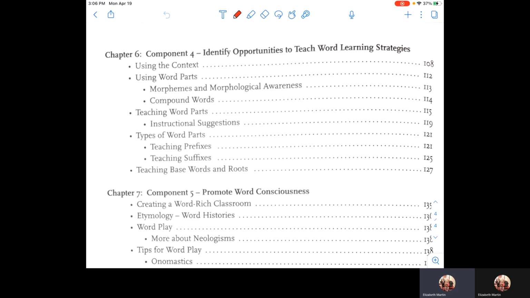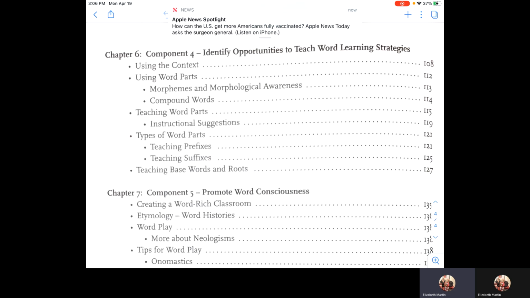So basically, what the chapter is saying is we need to teach students how to look at the context of what they're reading and using the word parts of different things.